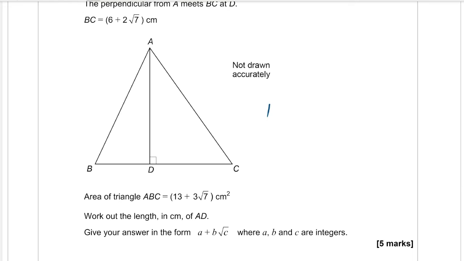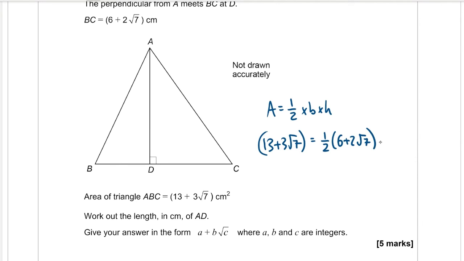Okay, well we know that the area of course is equal to half multiplied by the base times by the height, and the area in this case is given to us as 13 plus 3 root 7. The base is also given to us, BC, as 6 plus 2 root 7. And the height is actually what we're looking for because the height is AD.